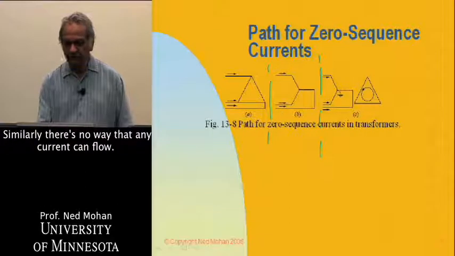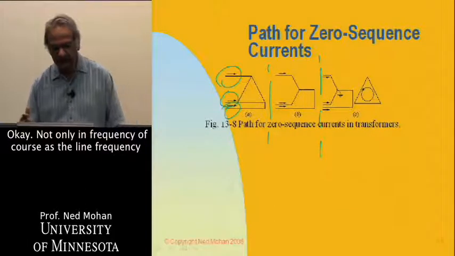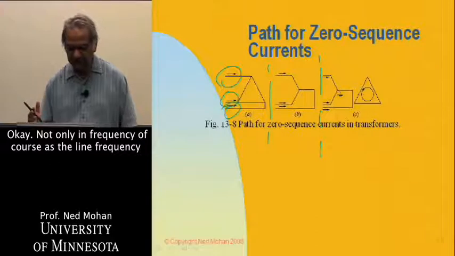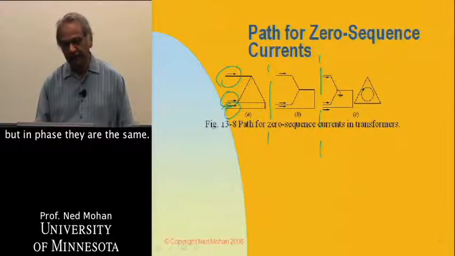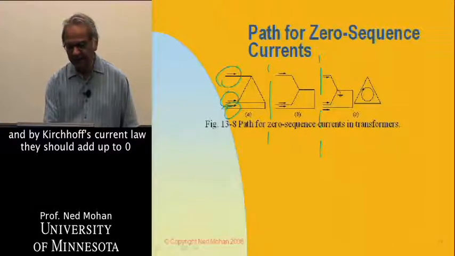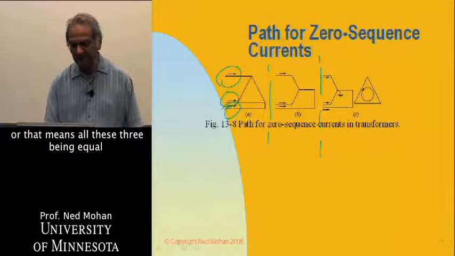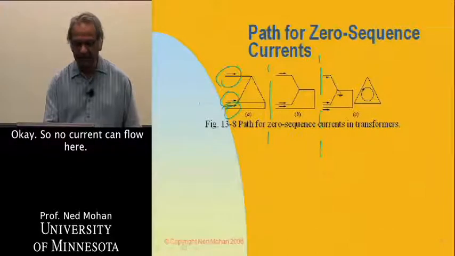Zero sequence means all of these currents are the same, not only in frequency, of course, as a line frequency, but in phase they are the same. So you add these up, and by Kirchhoff's current law, they should add up to 0. What that means is that all these three being equal to each other, individually they are equal to 0. So no current can flow here.